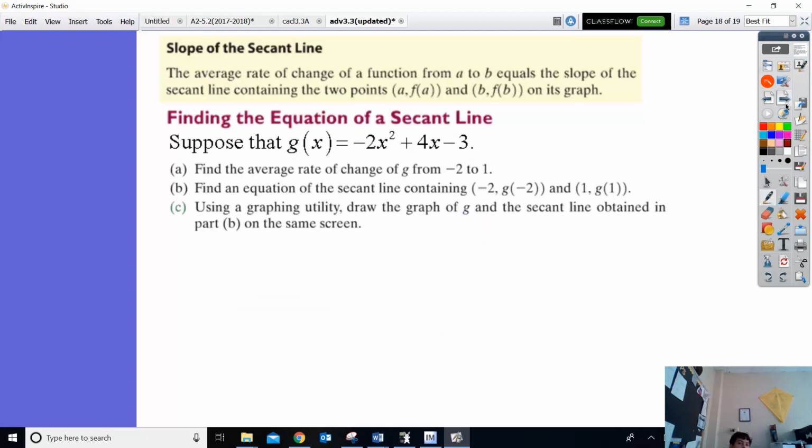All right. So we're going to find the equation of a secant line. I've only graded a handful of y'all's tests that you turned in, but why don't y'all like point slope formula? It just baffles me the number of you guys that came up with equations of lines by plotting points.